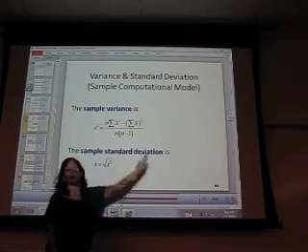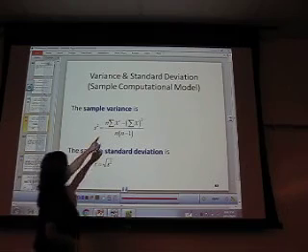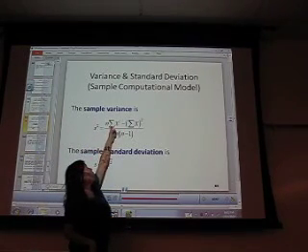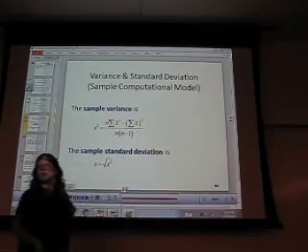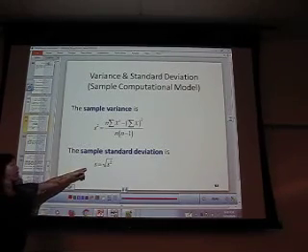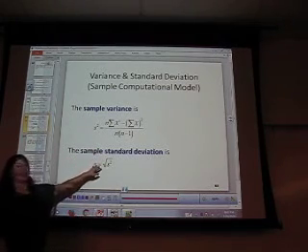Divided by n times n minus 1. You see the difference? And then the sample standard deviation is just the square root of this. So whatever you get there, you just square root it to get the s.